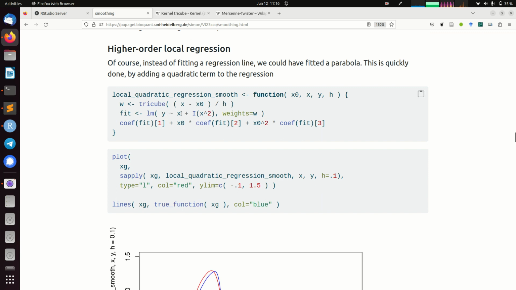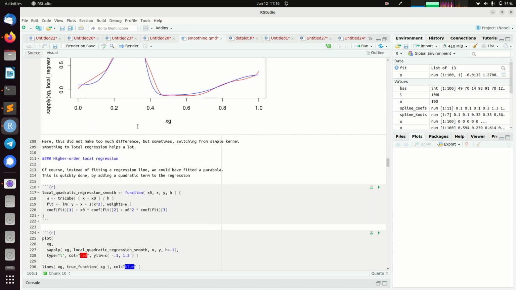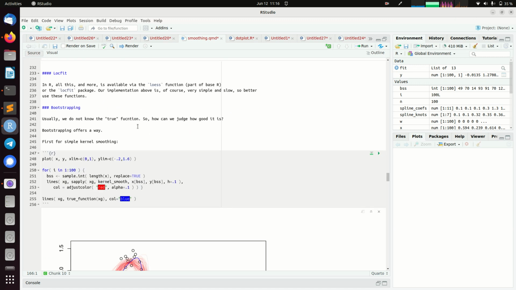I added to x also an x squared, and for technical reasons which have to do with how R's formula works, I have to put an I in front. And now R will make a least squares fit for a parabola and gives me back 3 coefficients. 1, 2, 3. Let's see if we can quickly put this into the actual function here.